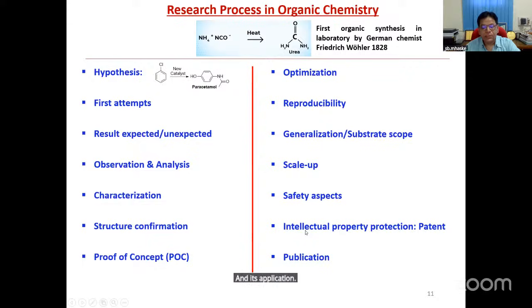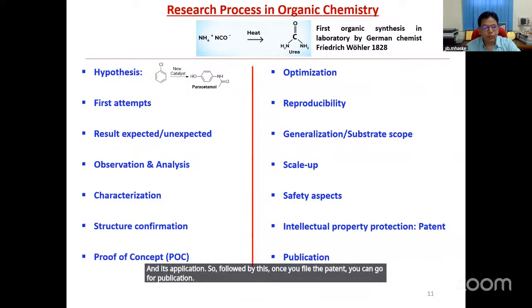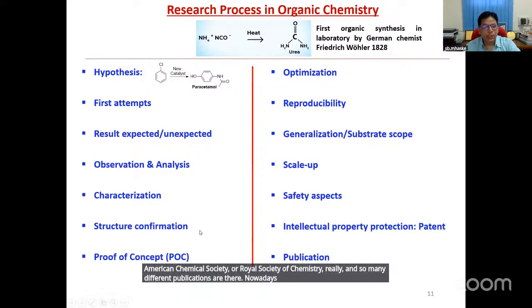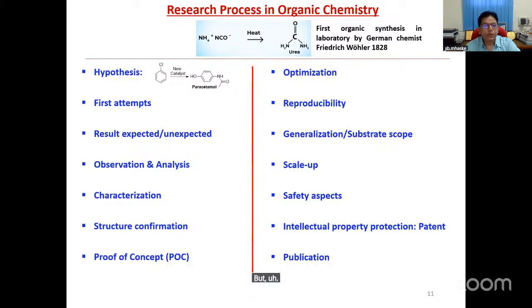Following this, once you file the patent, you can go for publication. As you know, there are different types of journals and different societies like the American Chemical Society or Royal Society of Chemistry, Wiley, and so many different publications. Nowadays there are many open access journals also, but you have to be careful while publishing. There are many predatory journals which take money and publish without any review.